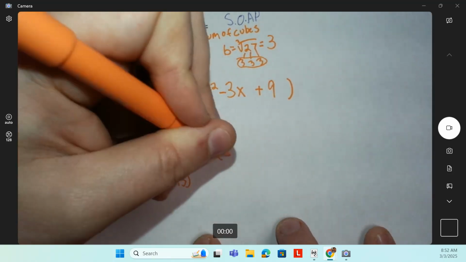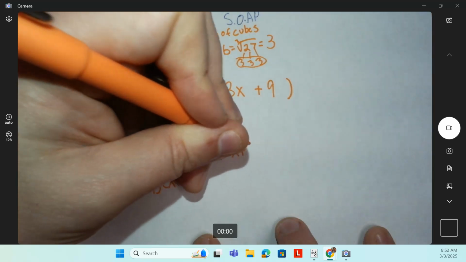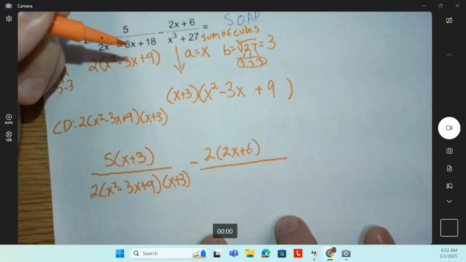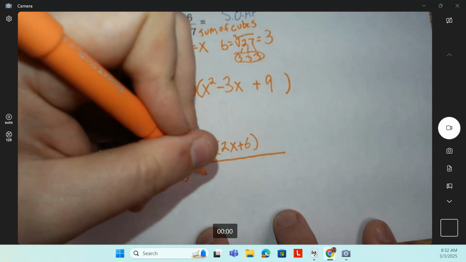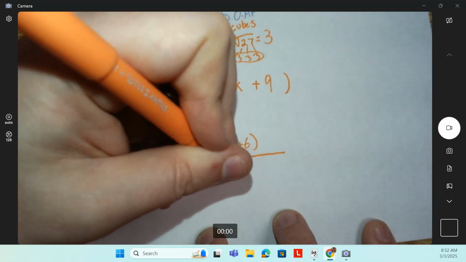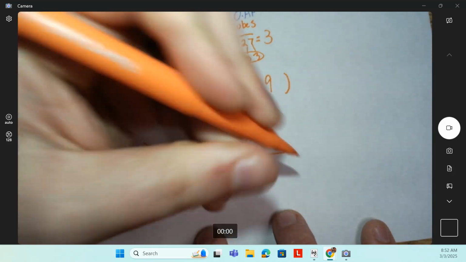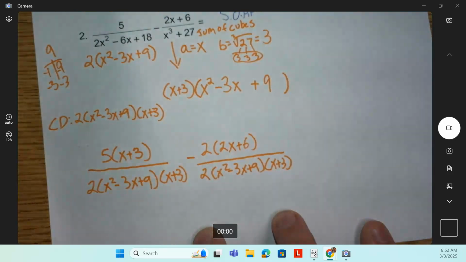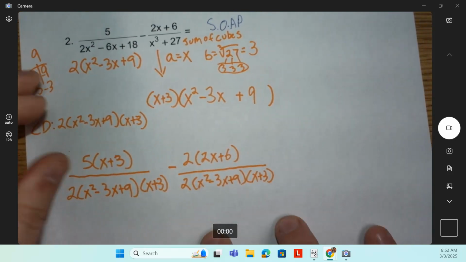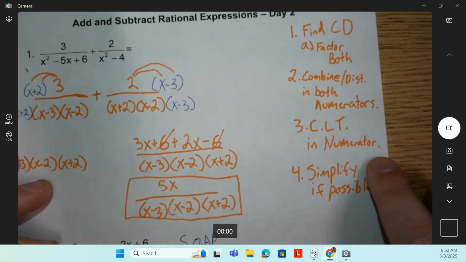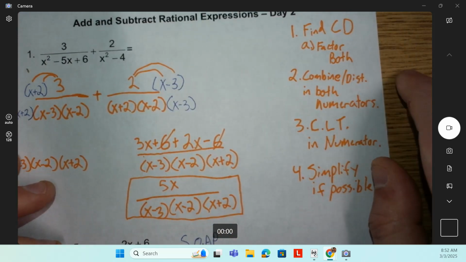So 2 times 2x plus 6 over 2 times x squared minus 3x plus 9 times x plus 3. So I've got that multiplied in, factored both, found the common denominator.